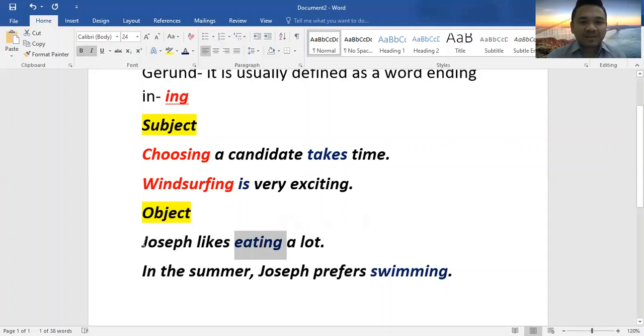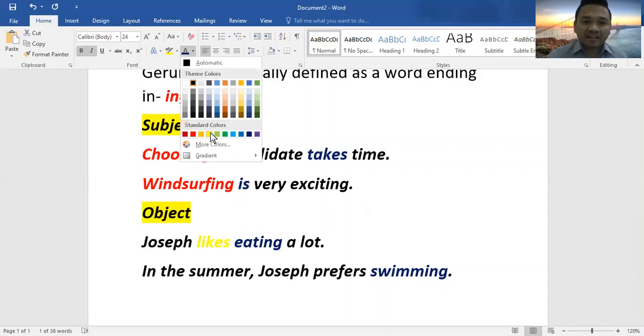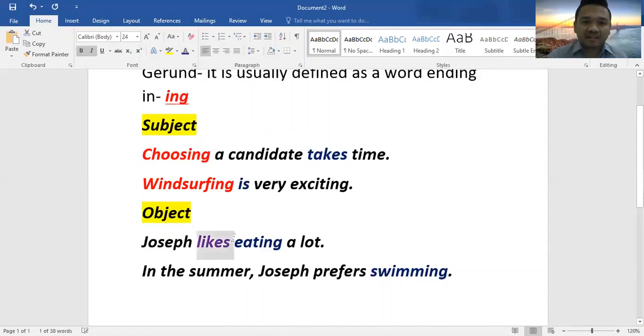Now, what is the verb in this sentence? Joseph likes eating a lot. So the verb here is likes, right? So it is an object. Why? Because the gerund comes after the verb. Object or subject, that's how it is: the subject comes before the verb, the object after. Here, in the summer, Joseph prefers swimming.